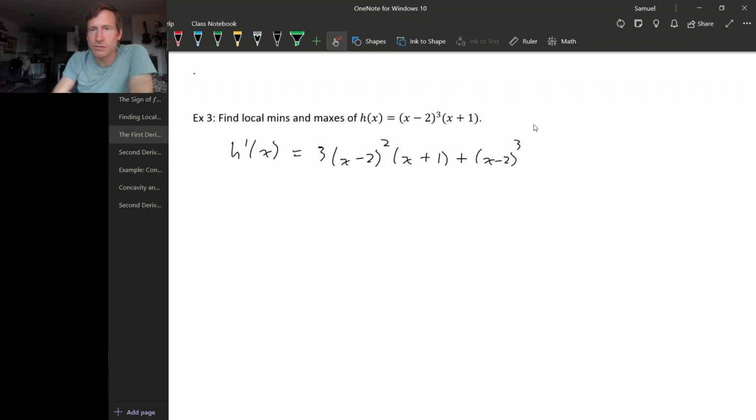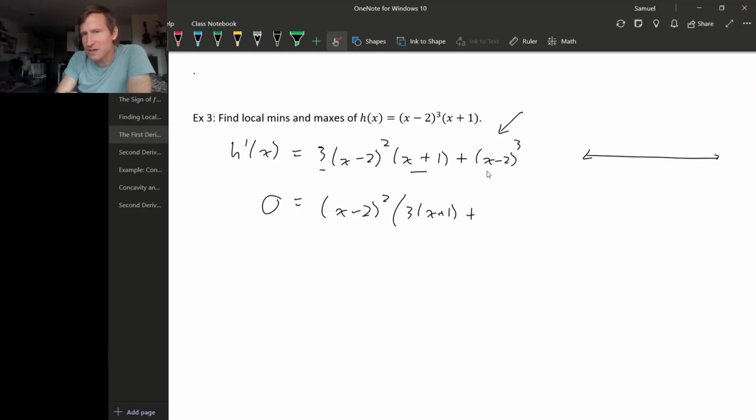All right, so to build a sign chart, we need to know where does this derivative not exist. Well, it's a polynomial, so it's defined everywhere. Now we need to know where is it equal to 0. Well, to know where it's equal to 0, we're going to need to factor this. So we can start by just factoring out the common factor of x minus 2 squared. And that's going to leave 3 times x plus 1 plus, and after we've factored out 2 factors of x minus 2, there's 1 left behind, like that.